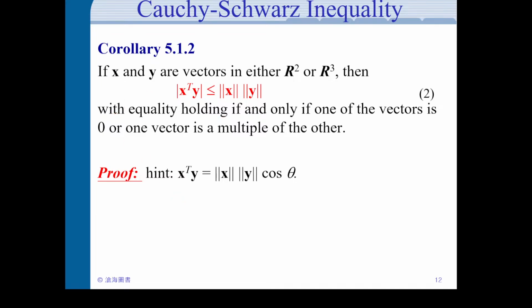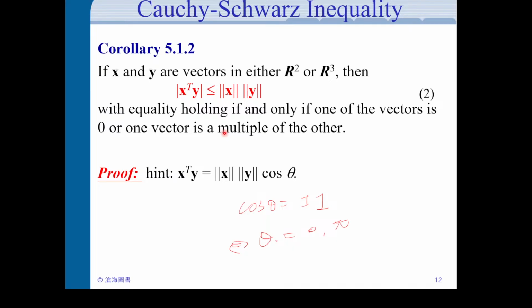That's when cosine theta equals plus or minus 1, and that happens if and only if theta equals 0 or pi. So x and y are in the same direction or opposite directions, which means one vector is a multiple of the other. That's one condition. Another condition is when x or y has length 0. If you have length 0, then both of these sides are 0.